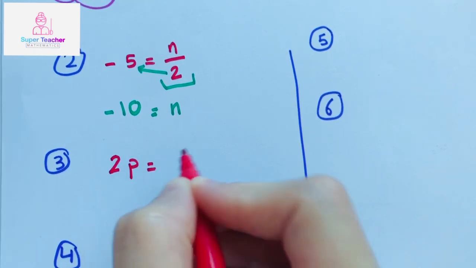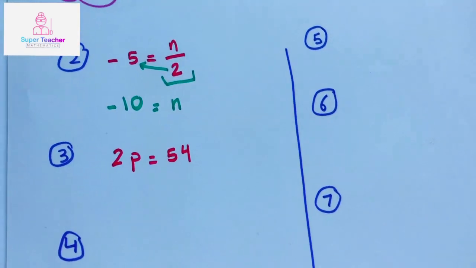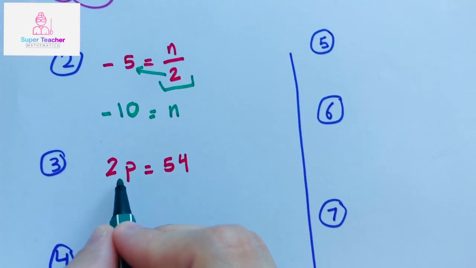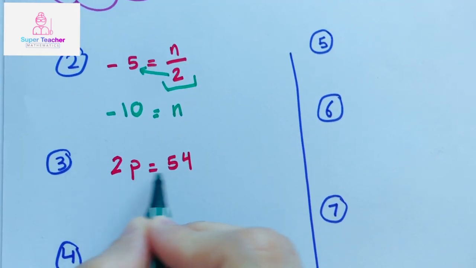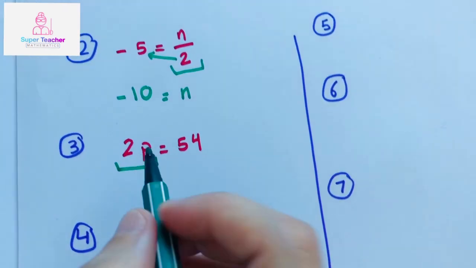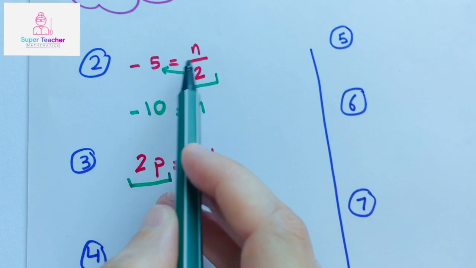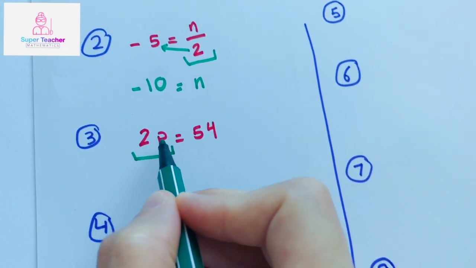Okay. Question 3. 2b equals 54. Which side is important for me? Yes, the left side, because the variable is here. Now what am I going to do? Here we multiplied, because it's already divided. What is the operation between 2 and b?